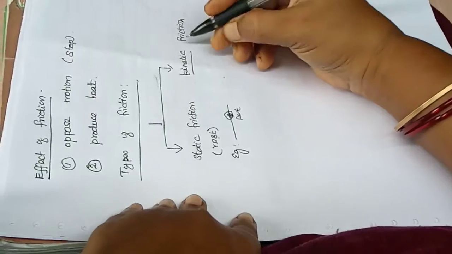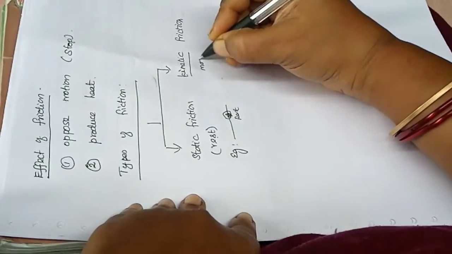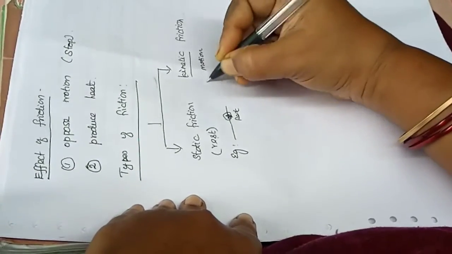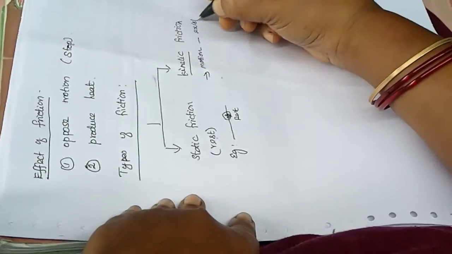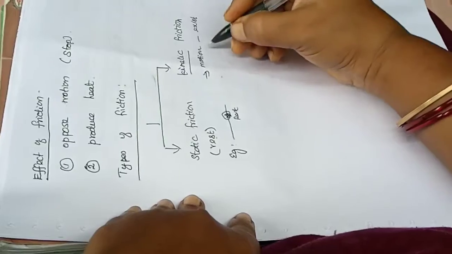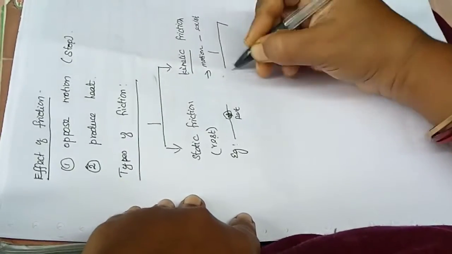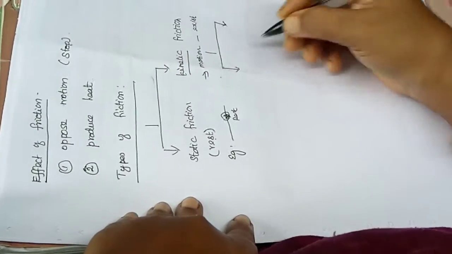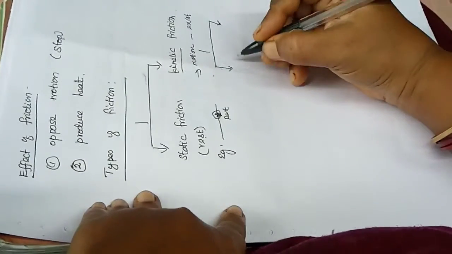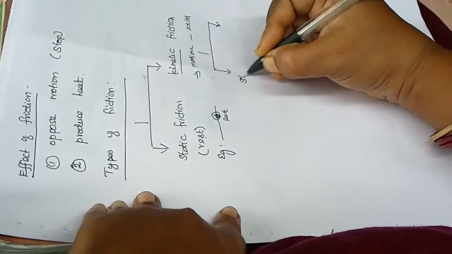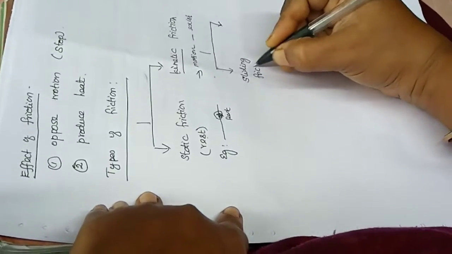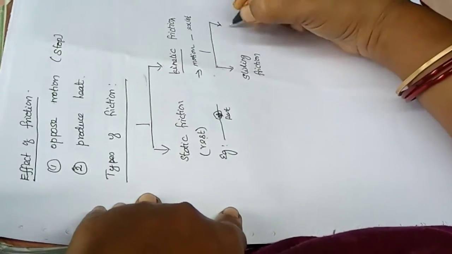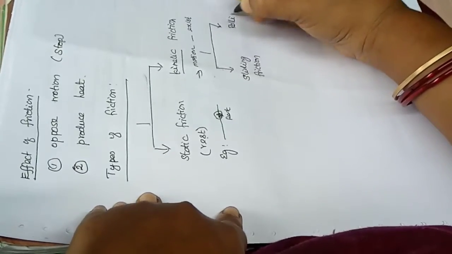Kinetic friction is when an object is moving and friction exists. This kinetic friction is again divided into two types: sliding friction and rolling friction.